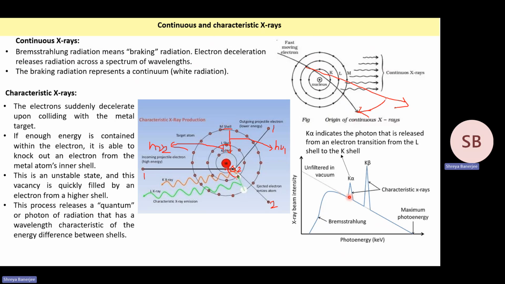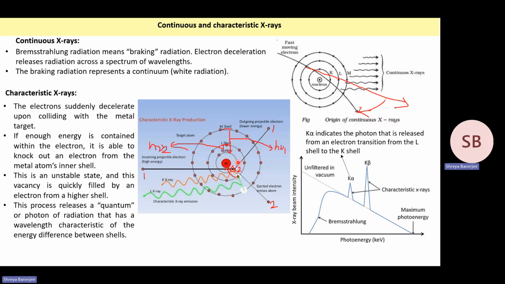So in that case, you will get a sharp peak like this, which has one specific wavelength. So K alpha indicates the photon that is released when an electron transition happens from the L shell to the K shell. K beta is the X-ray that is formed when the electron transfer happens from the M shell to the K shell.